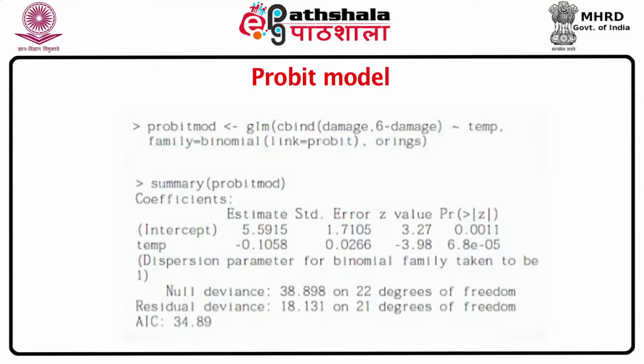So here is the syntax which I would use to fit the probit model. As before, I'm calling the glm function. As before, my outcome is a matrix with two columns, where the first column is the number of successes and the second is the number of failures. I'm regressing this on temperature. My family is binomial. However, here there is a new piece of code which says that the link is probit.